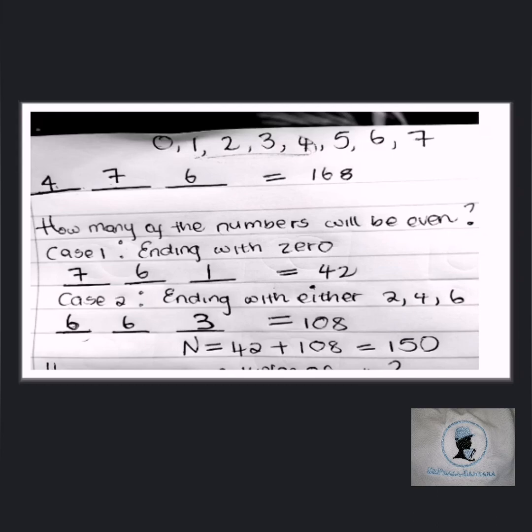There are 3 different ways you can choose the last digit. So now you've chosen the last number to be one of those, so for the first number, you will be left with 6 digits to choose from. Why? Remember, you can't start your number with 0, so 0 is out of the way.